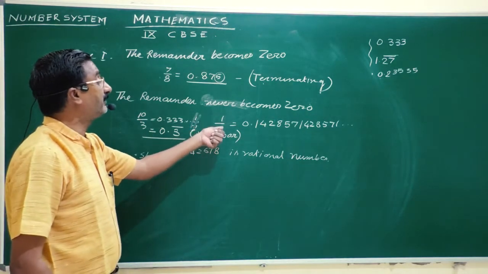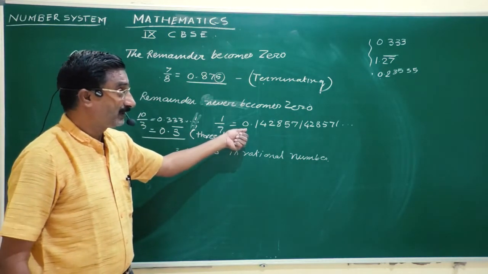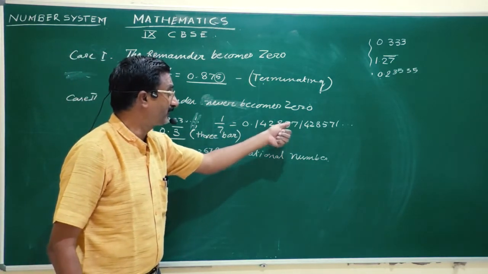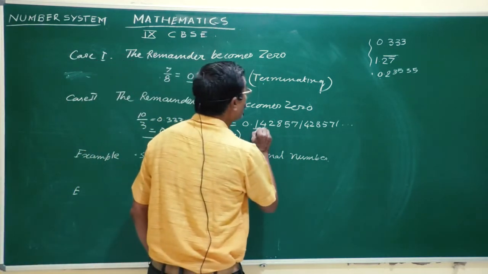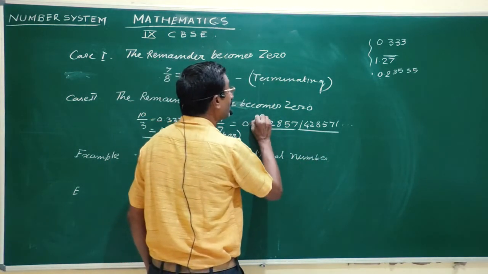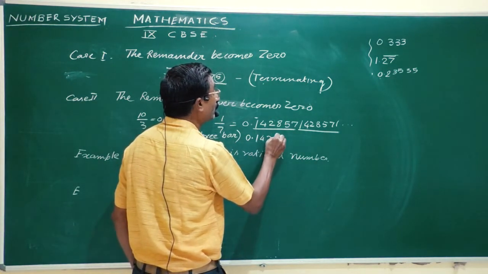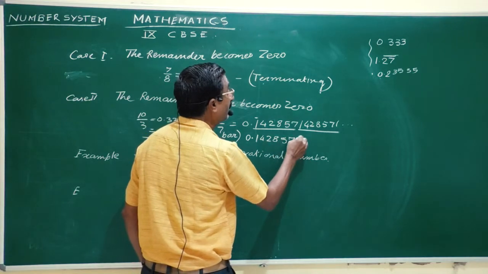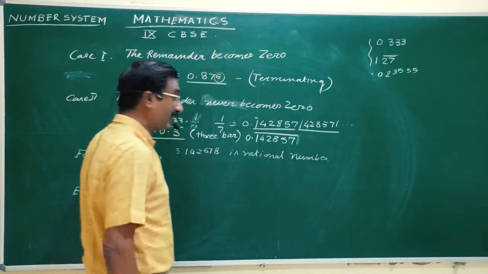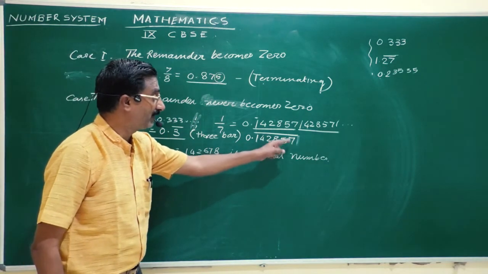But in the case of 1 by 7, it is repetitive after some value, that is, after this string 0.142857. Up to this value, again it comes up. So this complete string will be under the bar: 142857.